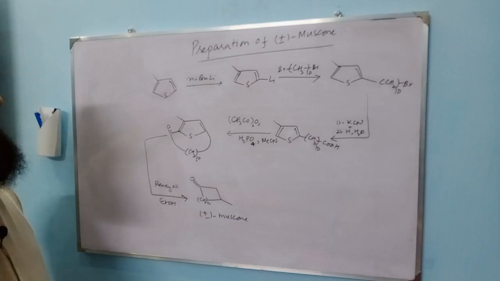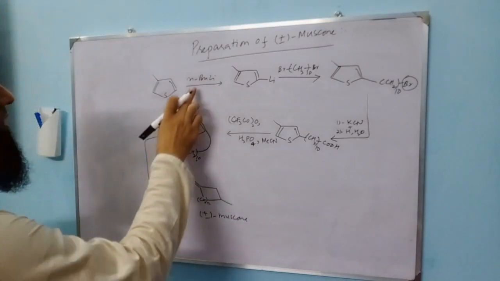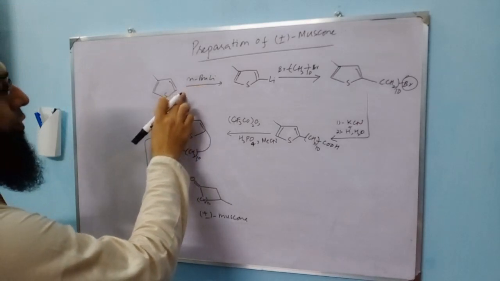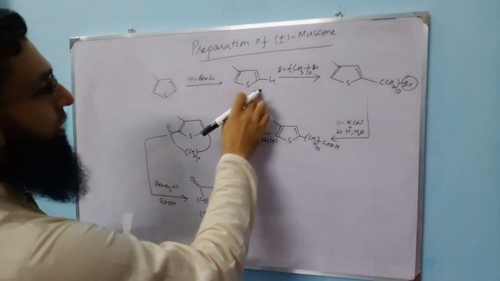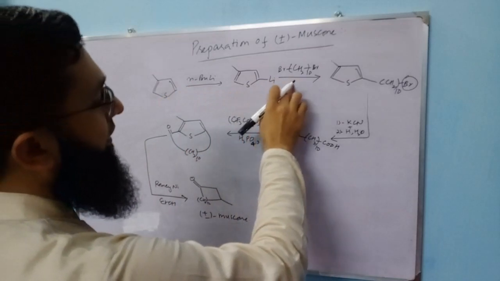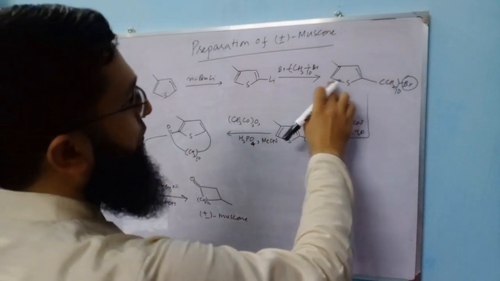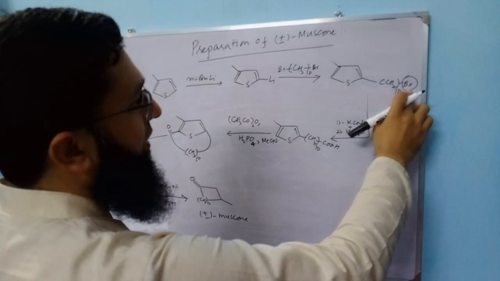So I hope this is clear to you, and I can repeat it again. In the first step, n-butyl lithium takes the proton from here, and as a result we get a carbanion, which reacts with this special dihalide, and one bromo group is replaced. As a result we have one left.